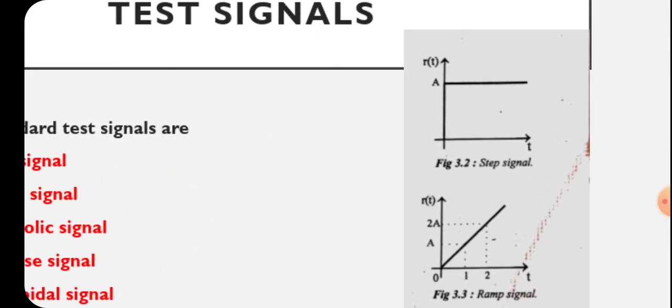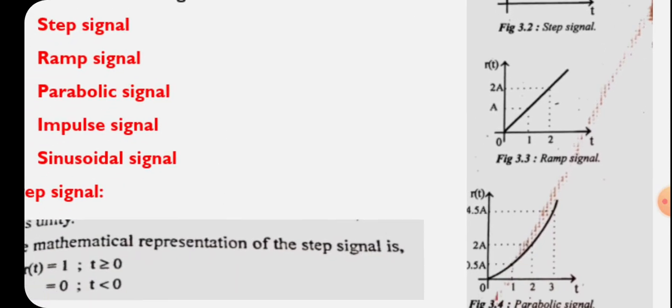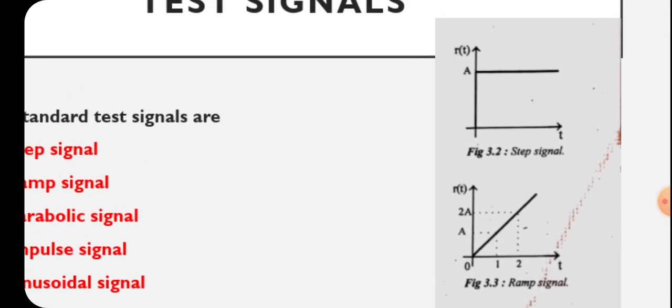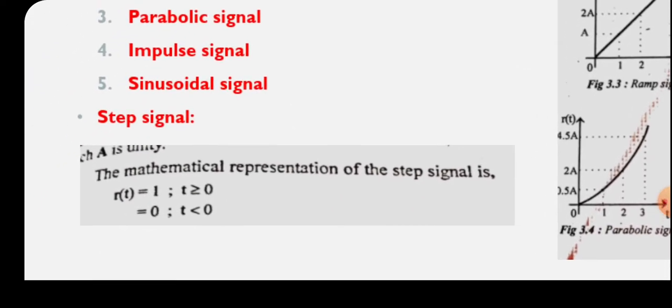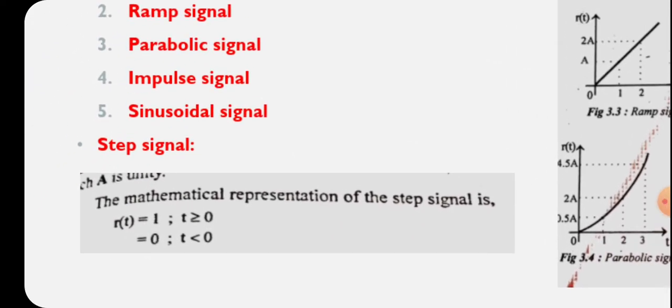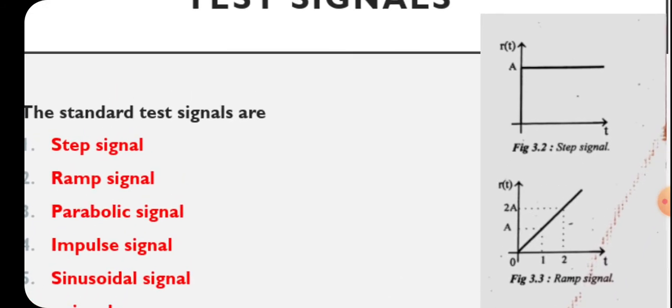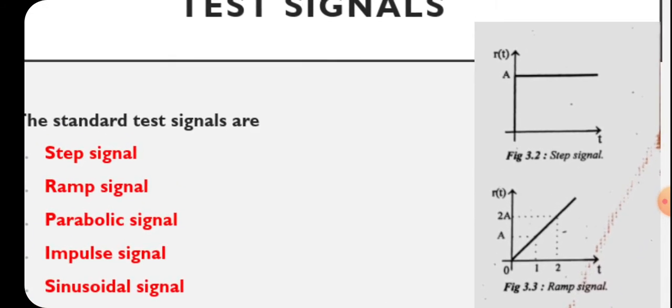That means it will go to a step change at t equal to 0. So its value will be a for t greater than or equal to 0, and here it is given the mathematical expression for unit step function, so its value will be 1. And if it is a step signal, then we can represent the magnitude as a.